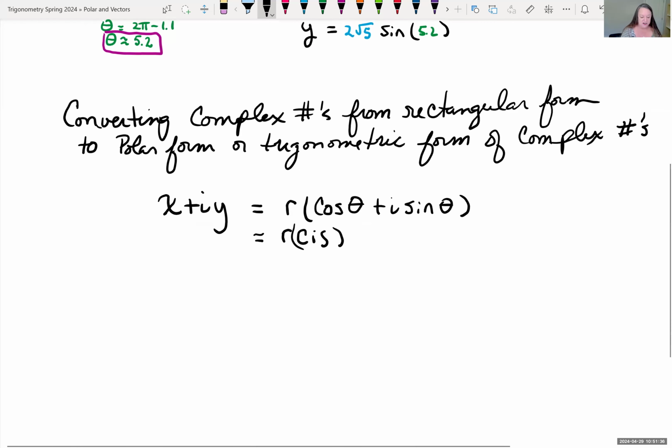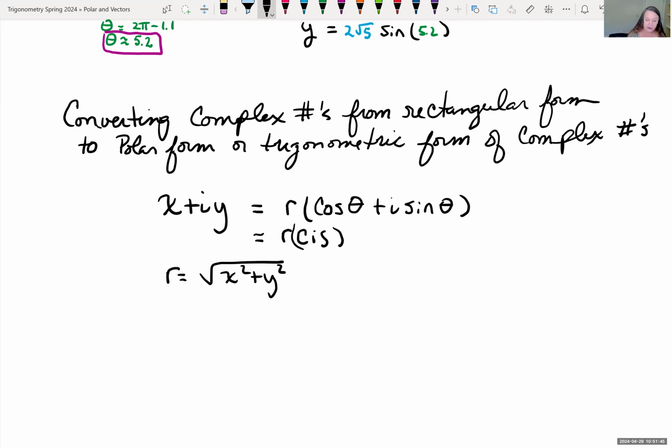Back from before, we know r is equal to the square root of x squared plus y squared by the Pythagorean theorem. We know that tangent theta is opposite y over adjacent, which is x. Or another way we can say that theta is equal to tangent inverse of y over x.